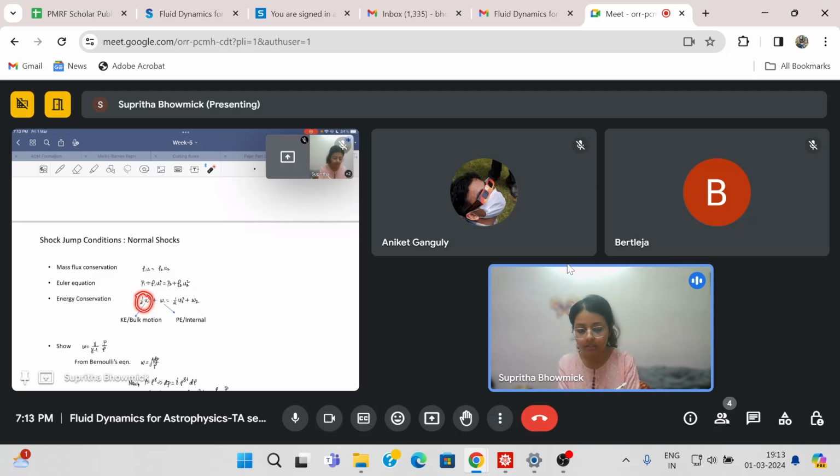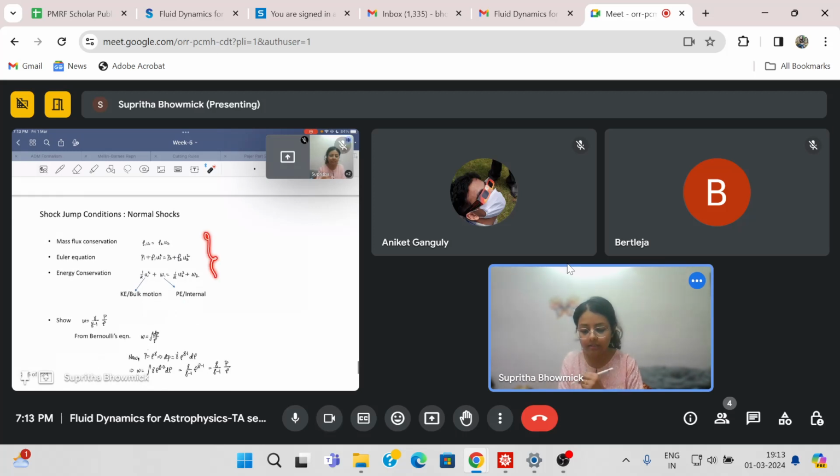This is the kinetic energy of the fluid parcels, due to the bulk motion, and this is due to pressure, temperature, the internal energy of the fluid. Once we have these three equations, we understand that there are six variables to solve for. So we instead solve for ratios of these variables. That gives us the jump across the shock front in the variables u, p, and rho.